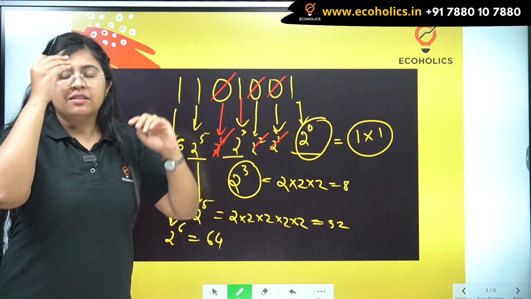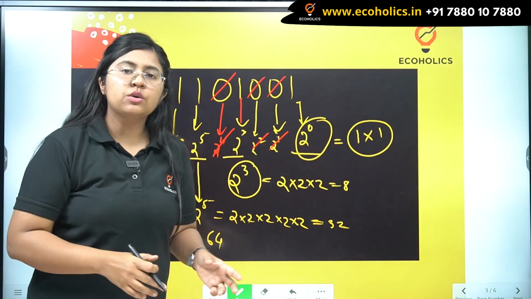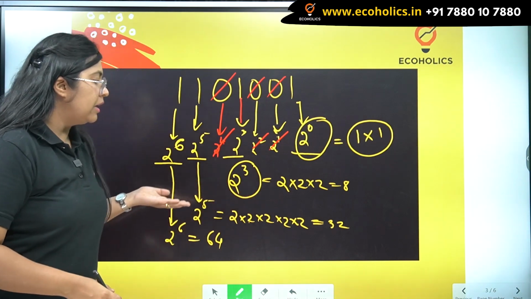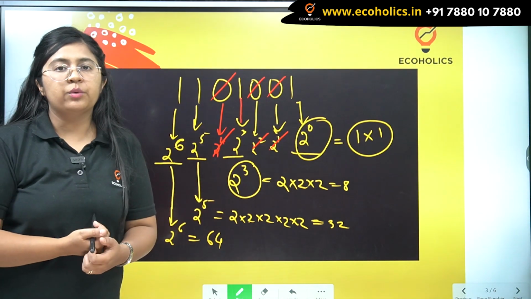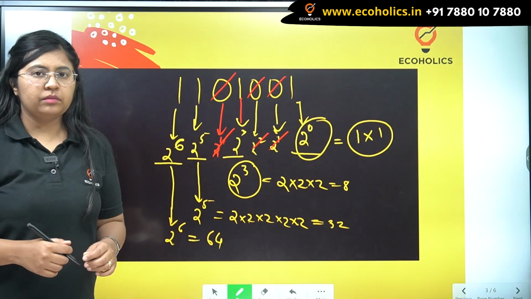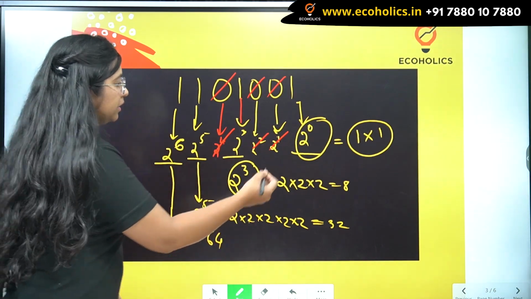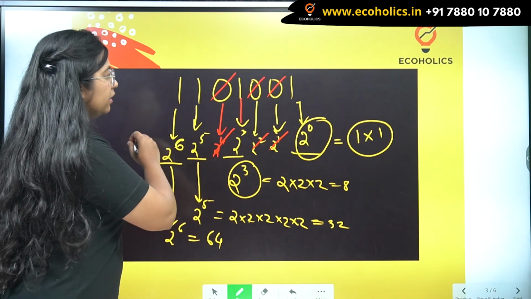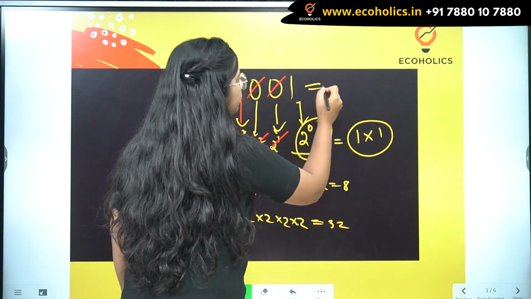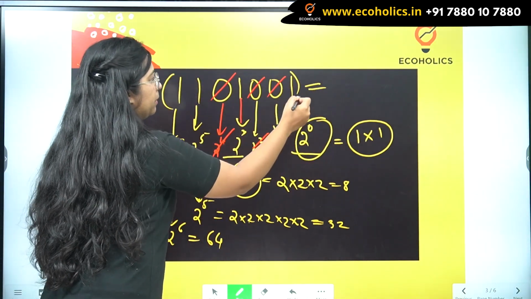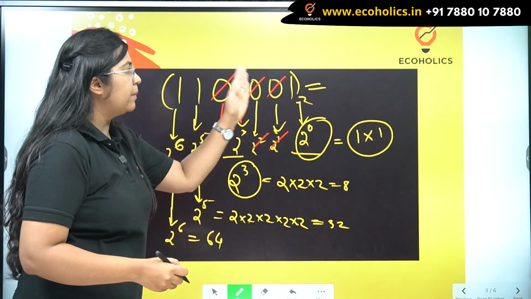11010001. This is how we associate with our number system, and this is how we do the conversions. So the final number will give you the final decimal digit for the binary number 11010001.